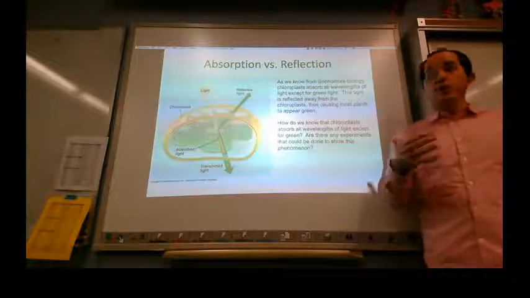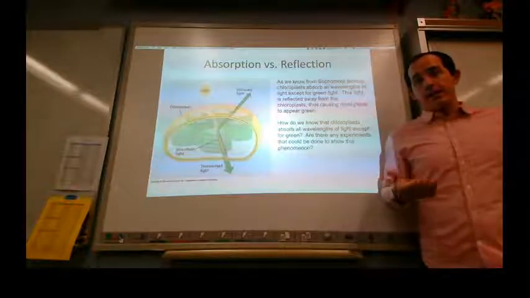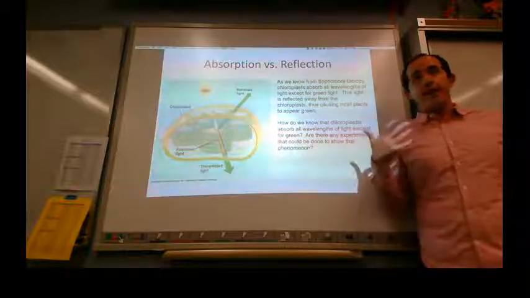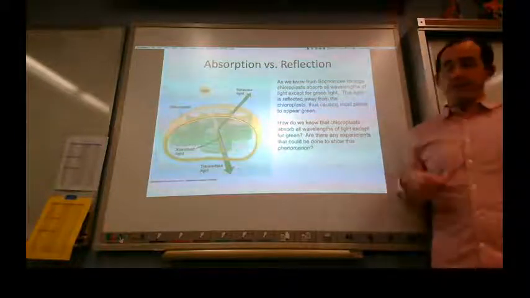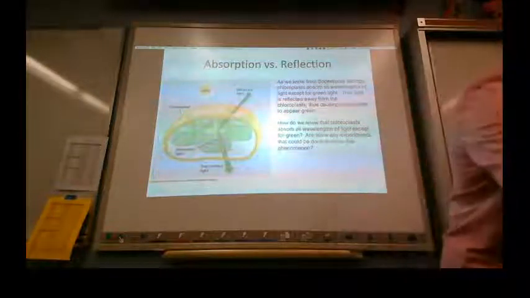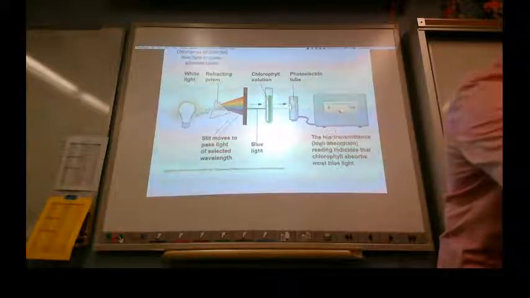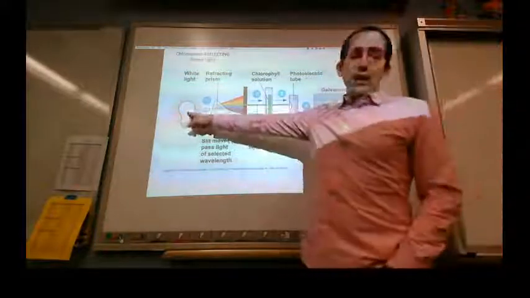So there's a wonderful experiment that we need to know for AP Biology that helps to provide evidence to support the fact that green light is in fact reflected while the rest of the wavelengths of light are absorbed. Okay? And there's ultimately two parts to it. Okay? So here's what we have. We got a light source.